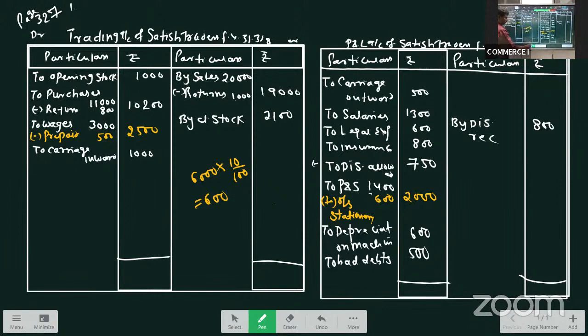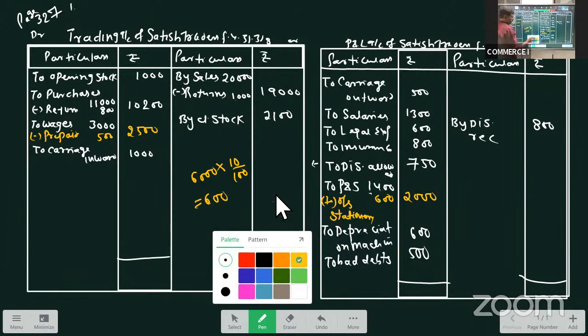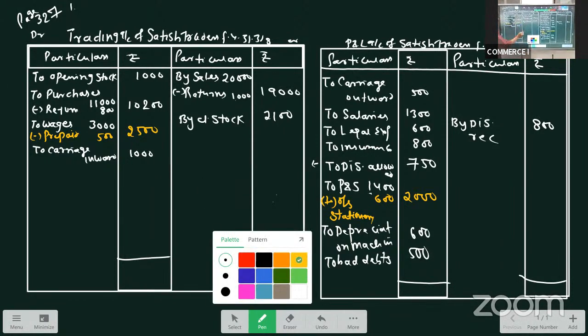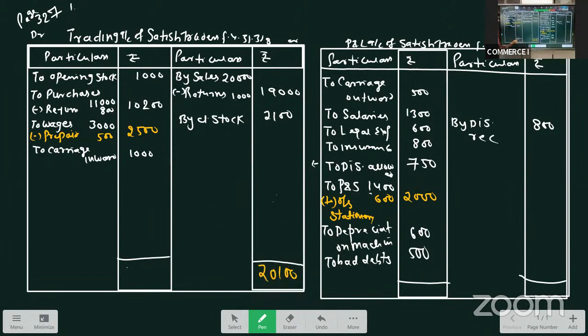See what is the credit side total? It is 20,100. Then again, write the same figure here, 20,100. So the credit side total is 20,100.